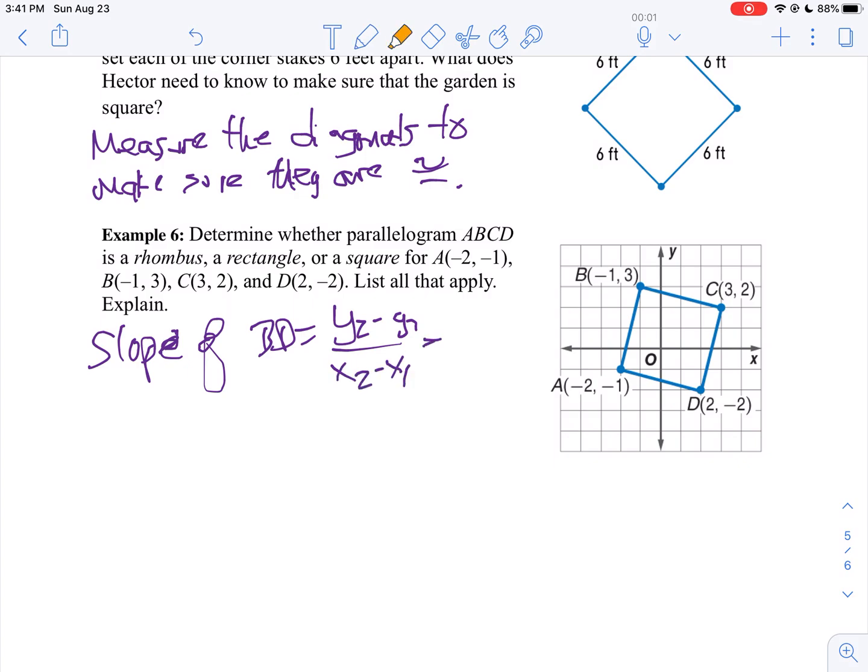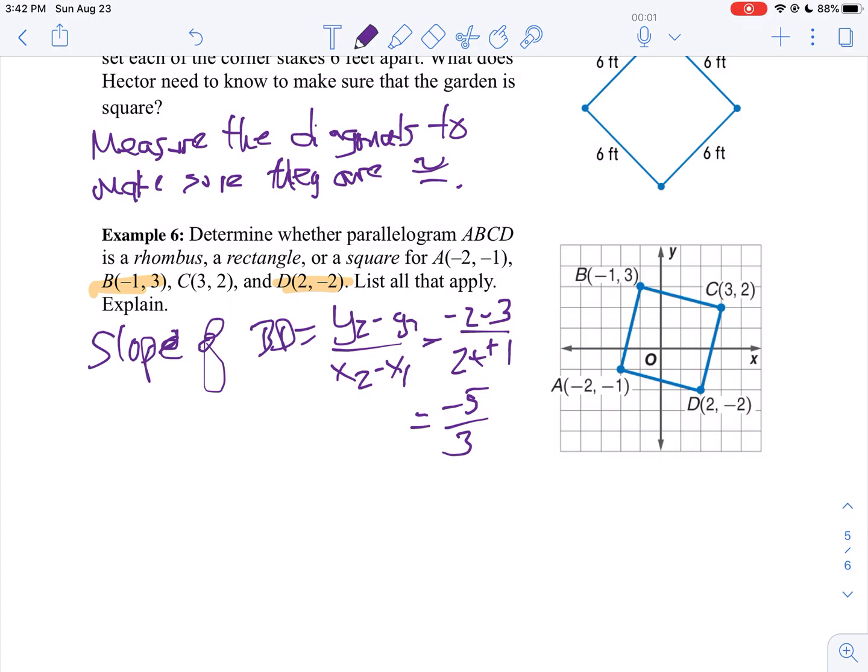So if we look at B and D, I'm going to say negative 2 minus 3 over 2 minus a negative 1. Well, negative 2 minus 3 is negative 5. 2 plus 1 would be 3.